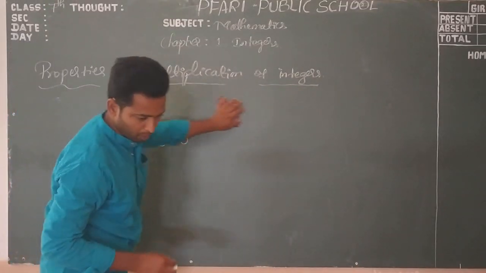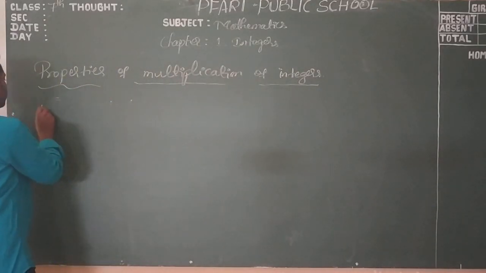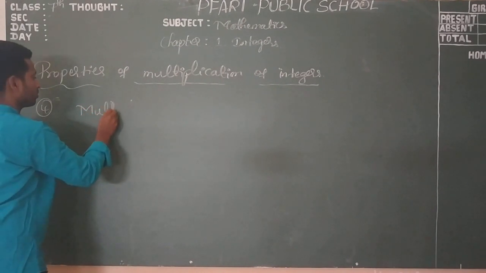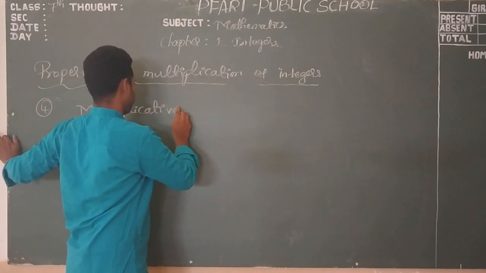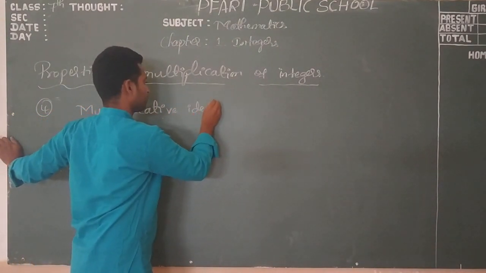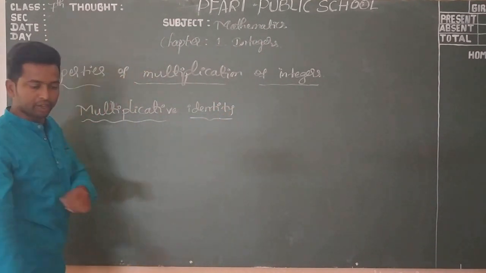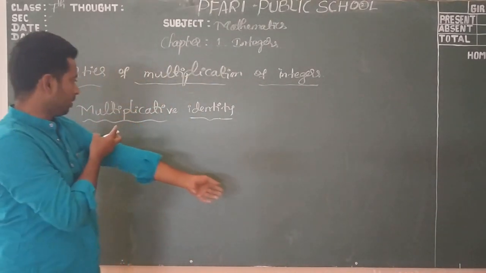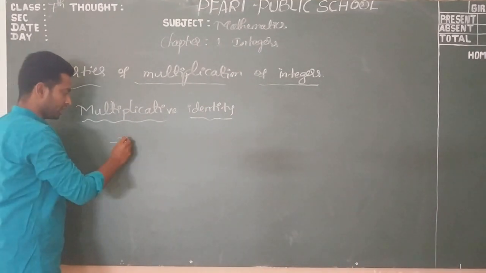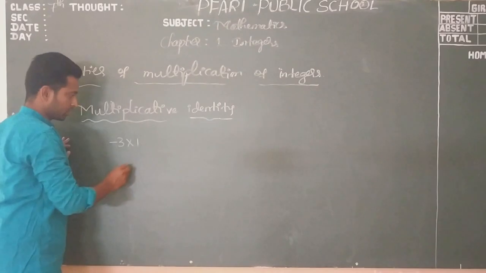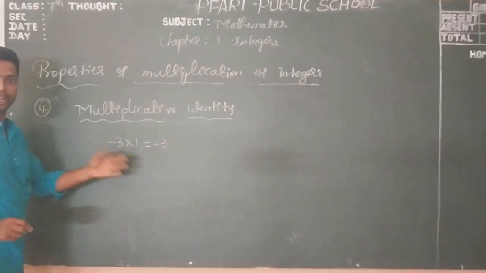Next, the fourth property, multiplicative identity. In this property, we multiply any integer with 1, and we get the same integer as we took earlier.